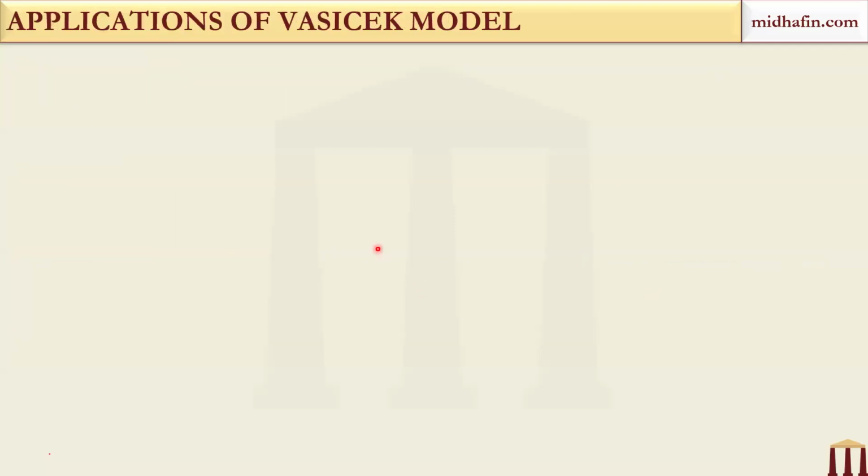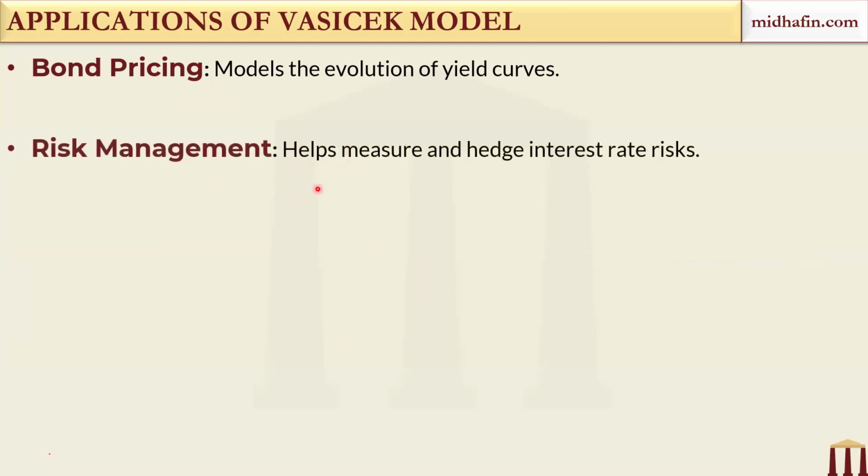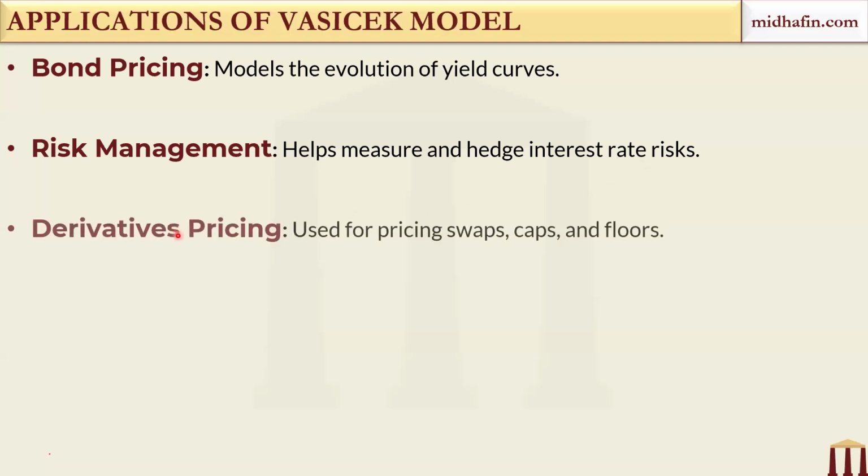Now let's see the applications. Even with these limitations, you have applications in bond pricing, helping financial institutions predict how bond yields evolve. Then, of course, in risk management, where they help measure and hedge interest rate risks. And then derivatives pricing, used for pricing things like interest rate swaps, caps and floors, as I said earlier, and some other instruments as well.